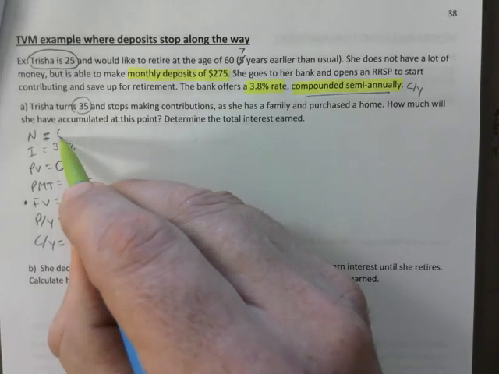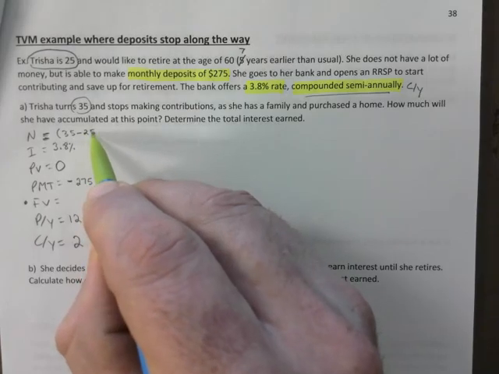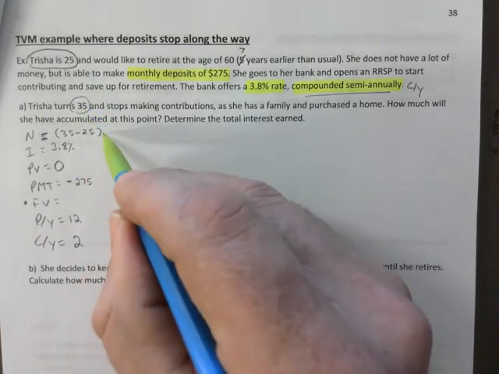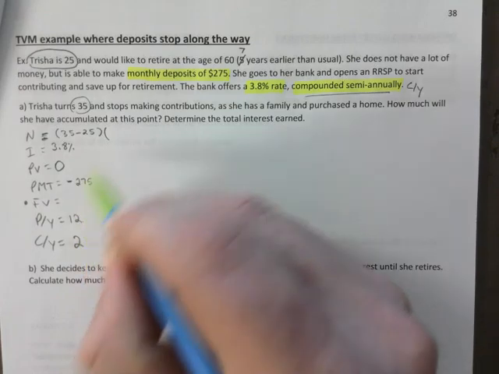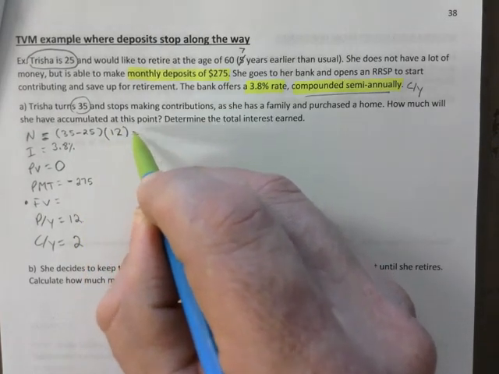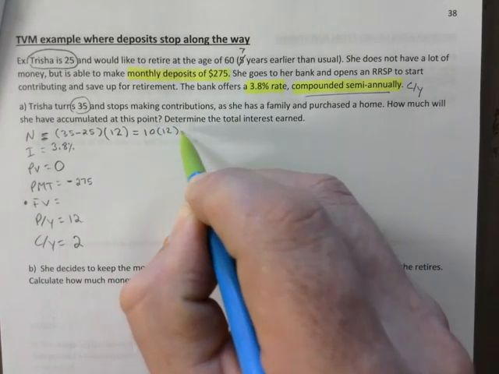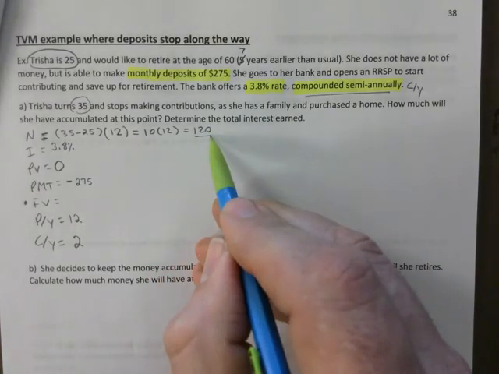I'll say this is how I'm going to show it. 35 minus 25, so that's 10 years went by, right? And what do you need to multiply the years by? PY. There we go. So it gets a little messy, but I'd like to show what I've done here. It's 120. Okay, so N is 120.